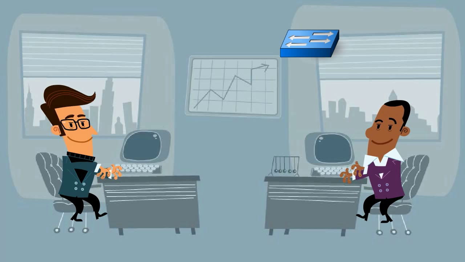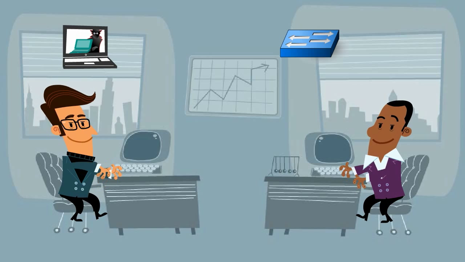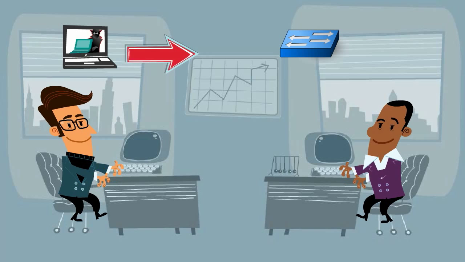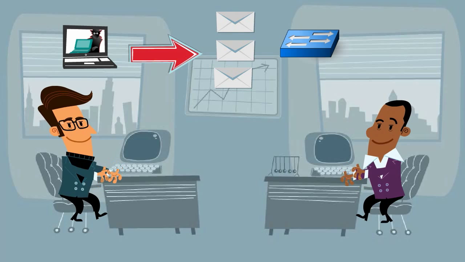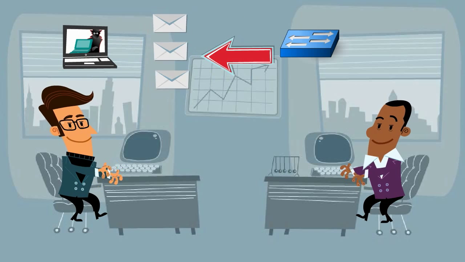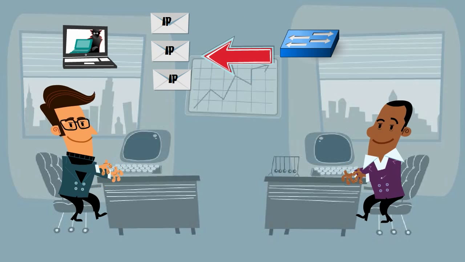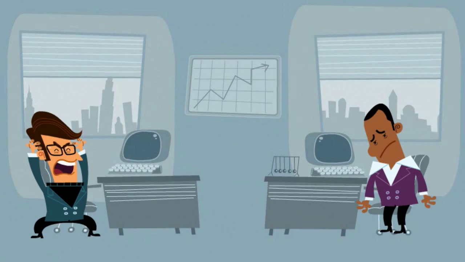Another common security attack is DHCP starvation attacks, in which the attacker sends many DHCP requests to the server, so it has no IP addresses left to give, and the real users can't access the network, which causes a denial of service.